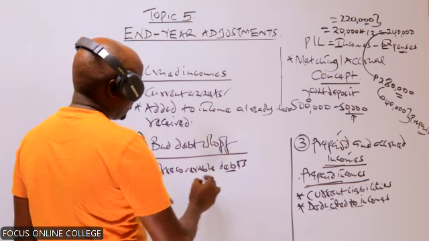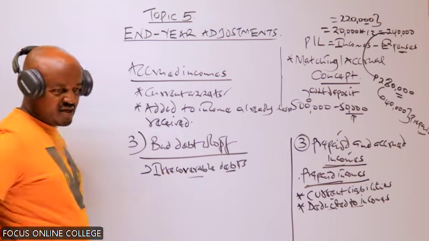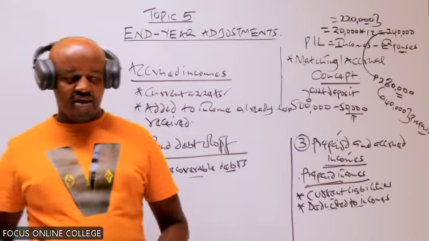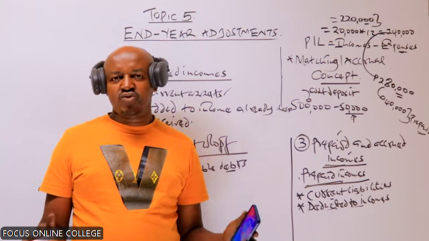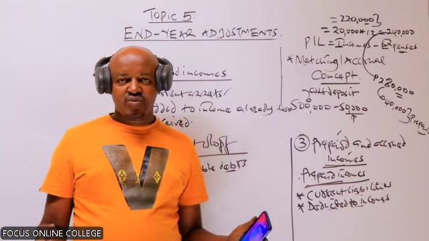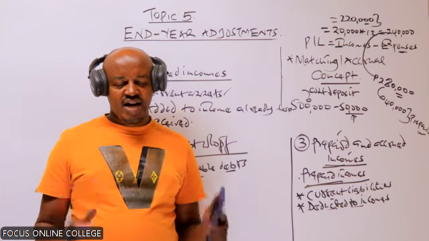When we talk about the irrecoverable debt, this basically refers to the amount of money you are demanding from your customers, but your customers have totally declined to pay you. So you cannot recover this particular amount of money from your customers.